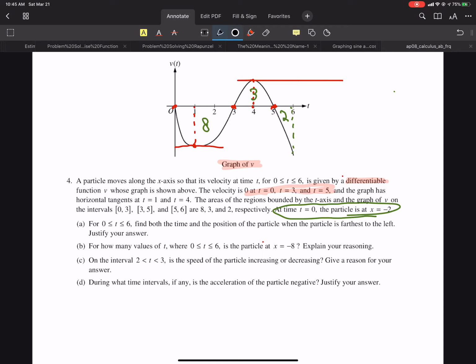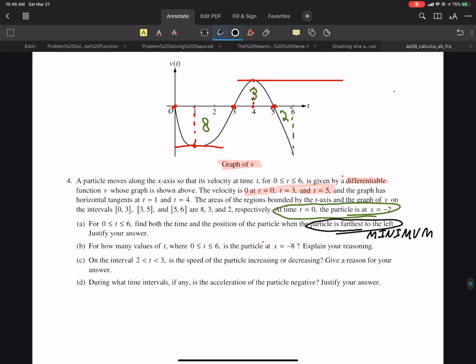So keywords, farthest to the left. It's actually asking for a minimum. It wants the minimum position or the minimum value of x.